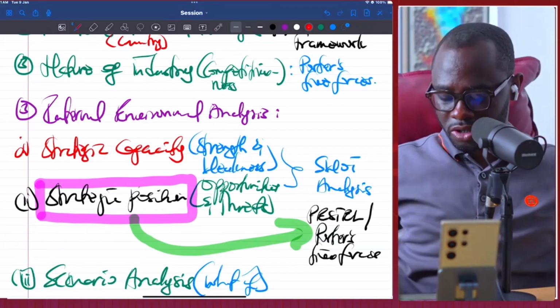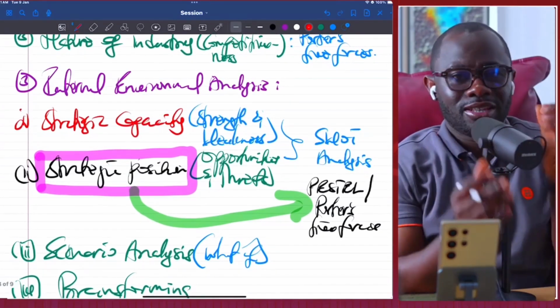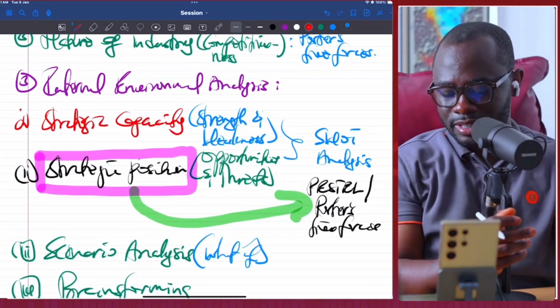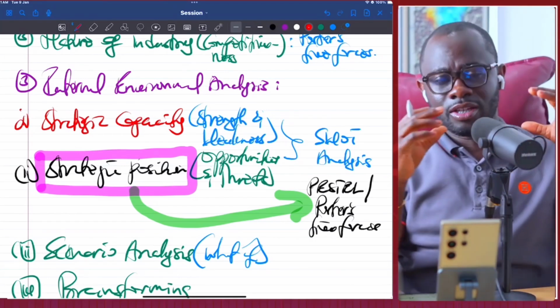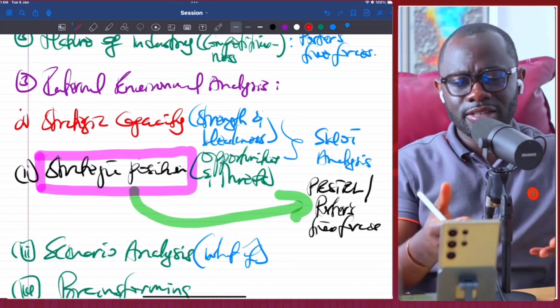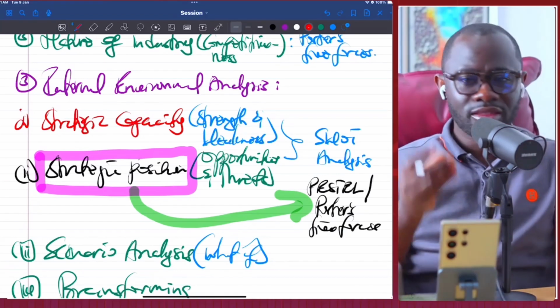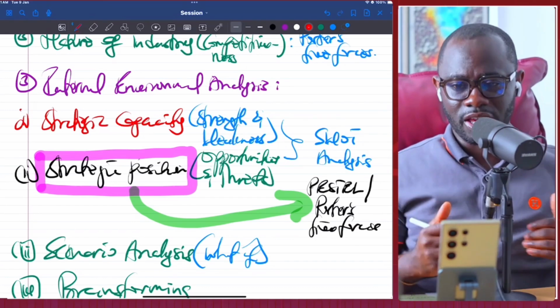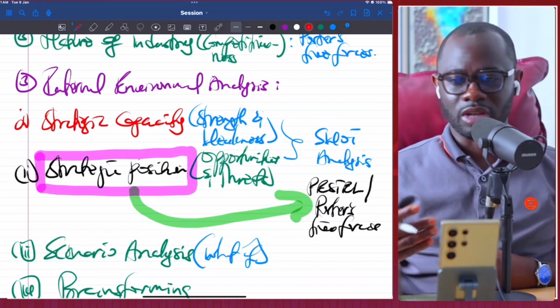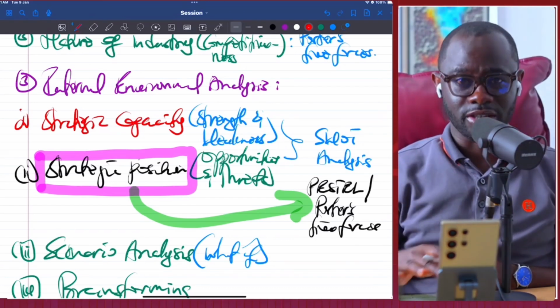Within the organization, we are going to assess the strategic capacity of the entity and the strategic position of the entity. Strategic capacity of an entity simply talks about the strengths and weaknesses of the entity, whilst the strategic position of the entity explains issues about opportunities and threats.